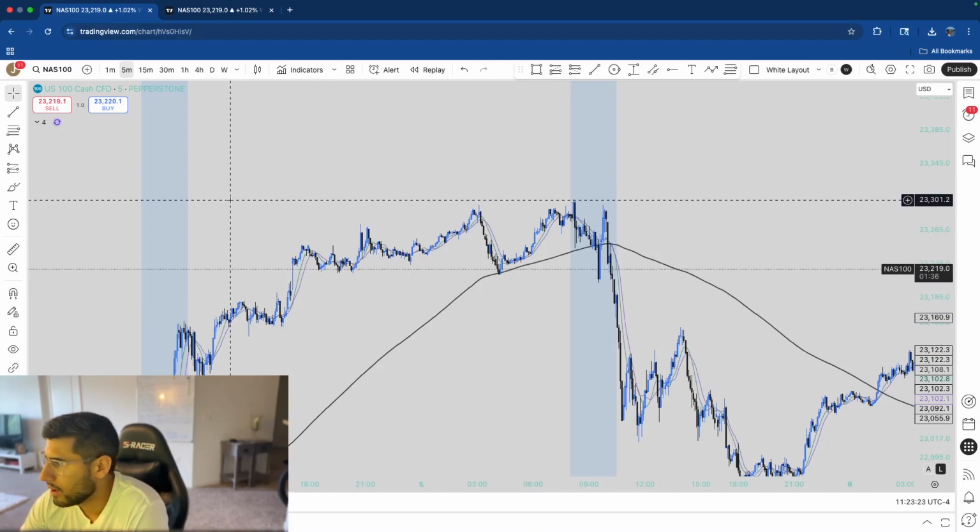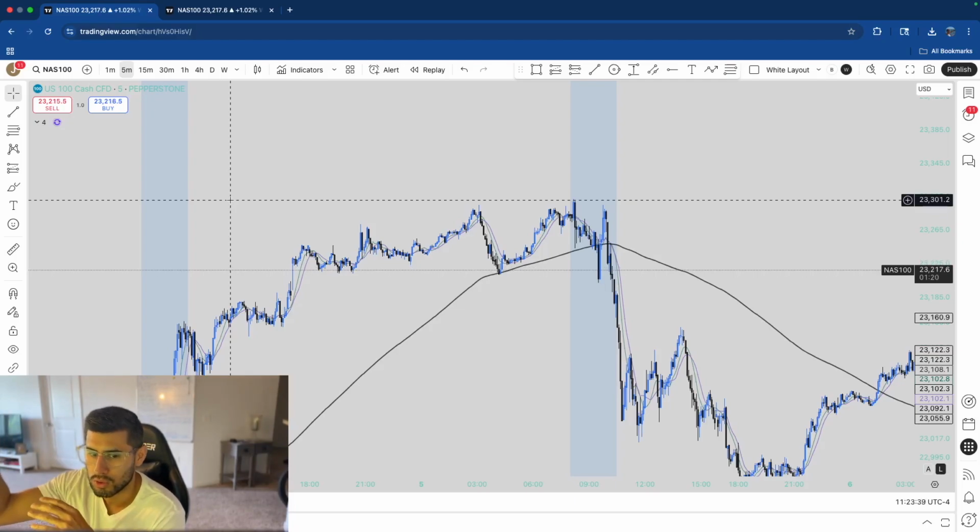Either up or down. And after combining that with market structure, our daily bias on market structure, we can look in the smaller time frames to take that entry to take price all the way into those higher time frame levels of liquidity.